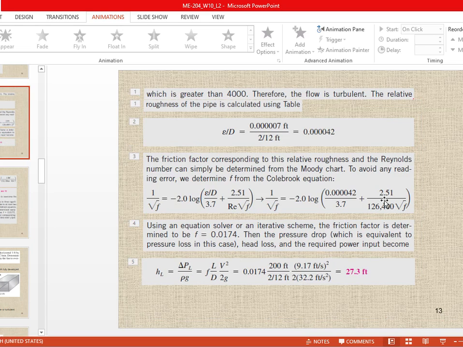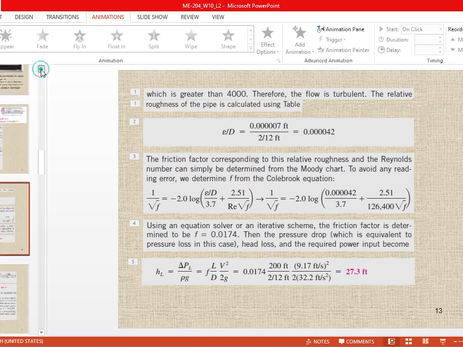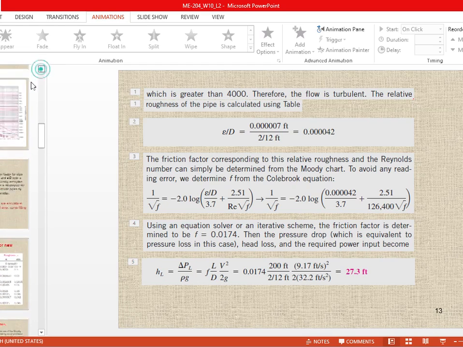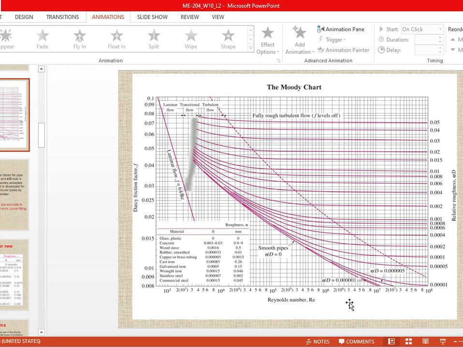The Reynolds number is 1.2 times 10 raised to the power 5, and the relative roughness is 0.000042. So let's move on to the Moody chart, where 1.2 times 10 raised to the power 5 is the Reynolds number.